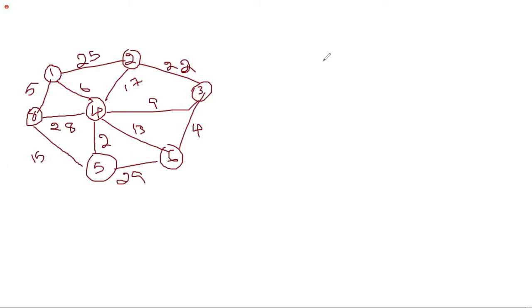Among all the costs, if you have any confusion, you just note down all the costs. Okay. All the costs, if I note it down: 5, 25, 22, 6, 17, 28, 9, 15, 2, 13, 29, and 4.